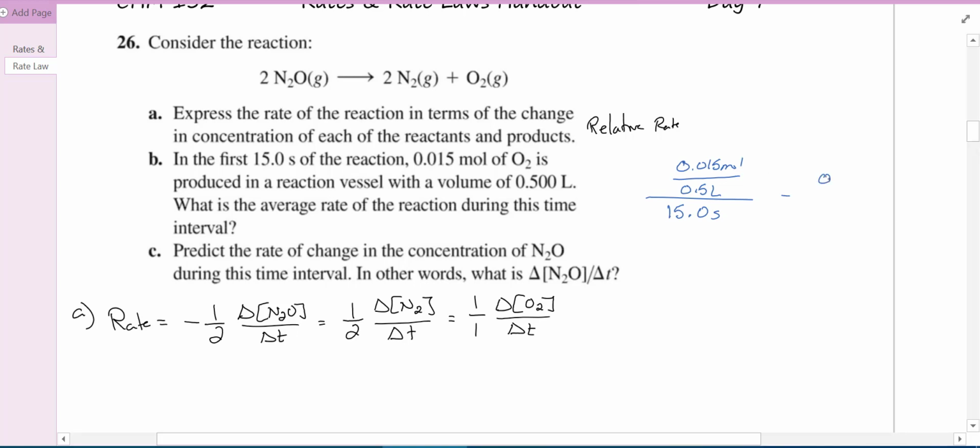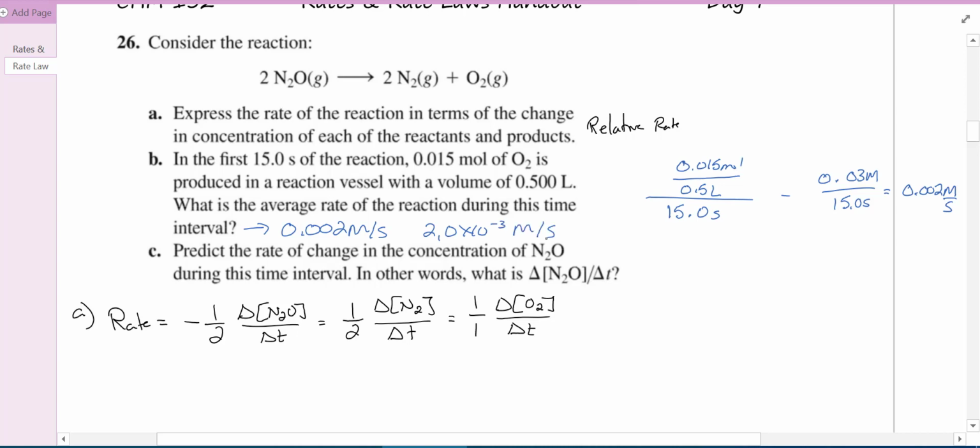So this is 0.03 molarity in 15.0 seconds, which, if I divide that by 15, gives me 0.002 molarity per second. And now, because O2 has a coefficient of 1, the rate is the same as the rate of O2. So the average rate is 0.002 molarity per second, or really, with 2 sig figs, 2.0 times 10 to the -3rd molarity per second.